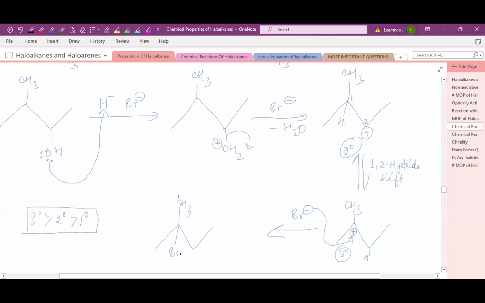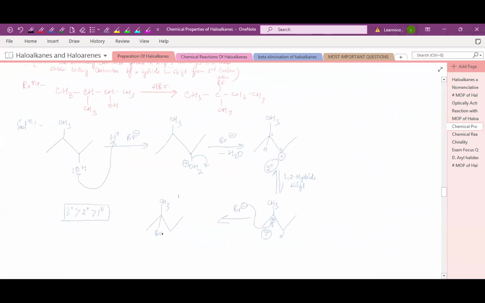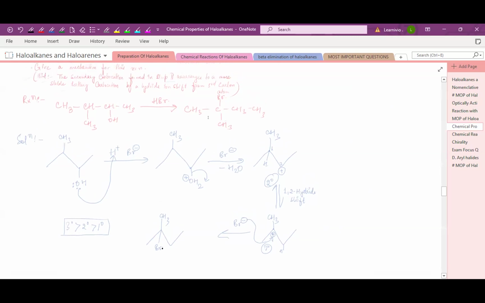That's the whole mechanism. Is it clear to everyone? If there are any doubts in any step, please ask me. No doubts? Ali, Qudsi and Lubna? No, ma'am.